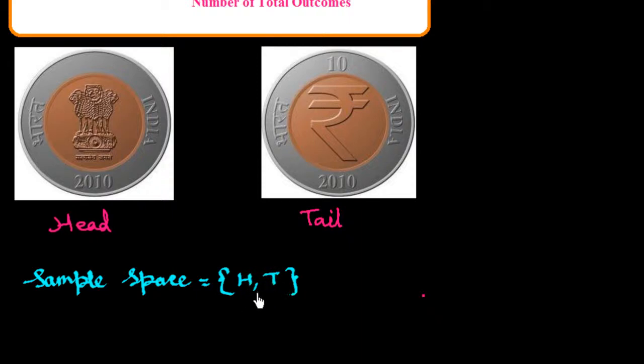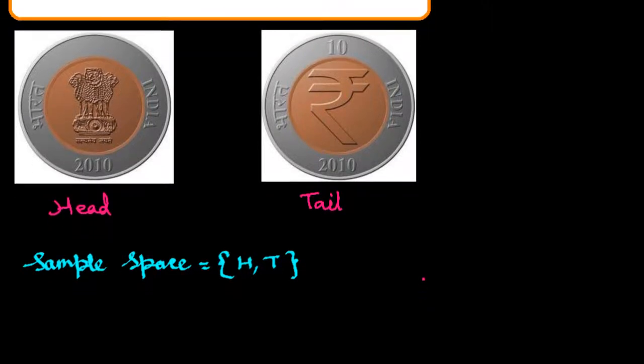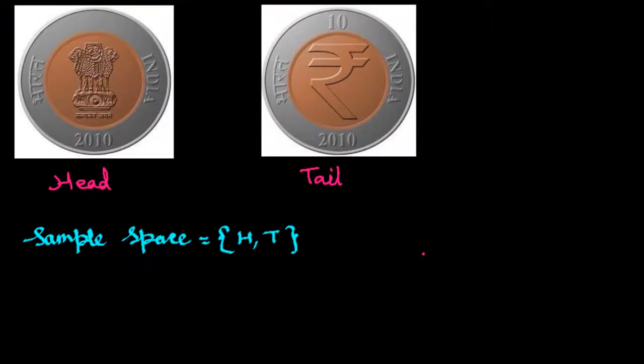So we have the sample space of head and tail, two possible outcomes here. If I want to know the probability of getting head, because I bet on head and the coin is being tossed and I would like to get head, what is the probability of getting head?